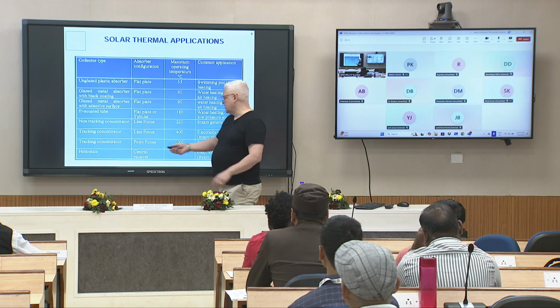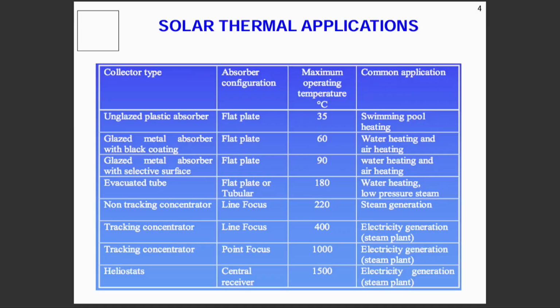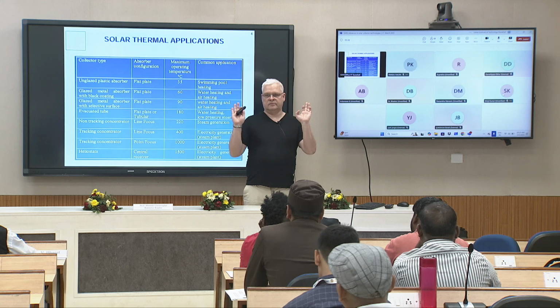So tracking concentration with one point focus, the dish, the parabola, can reach 1000 degrees, which is necessary to generate electricity with a Stirling engine. Then heliostats can reach 100 to 500 degrees, and it is the classical heliostat if you remember a tower.